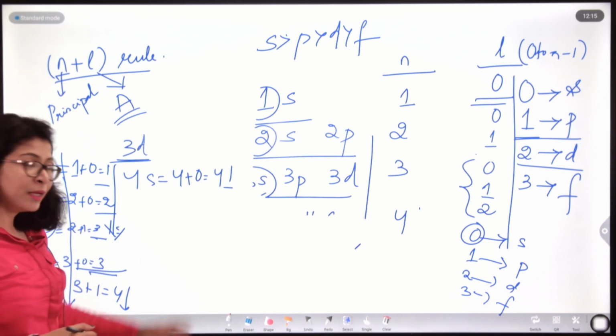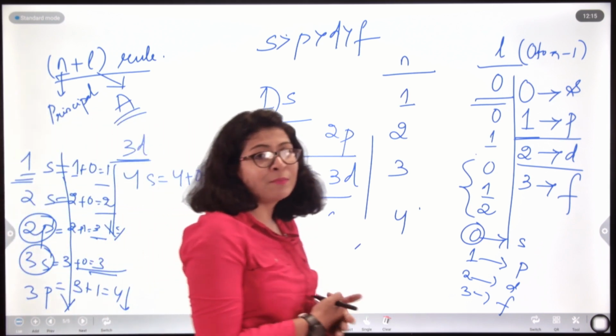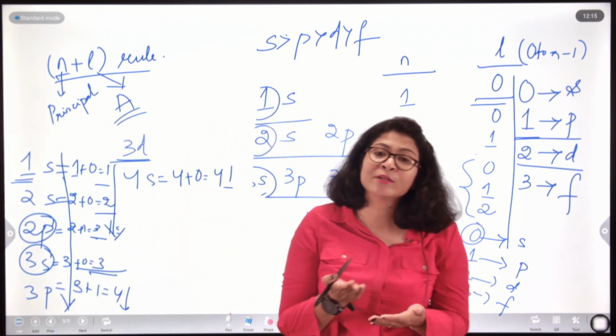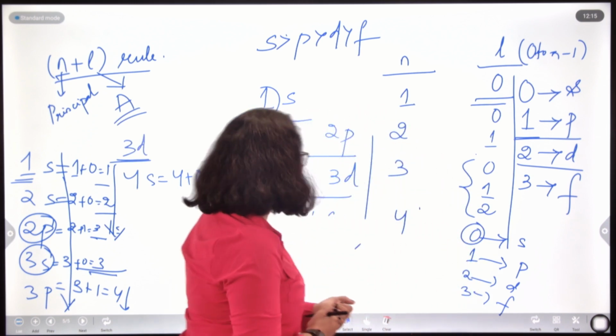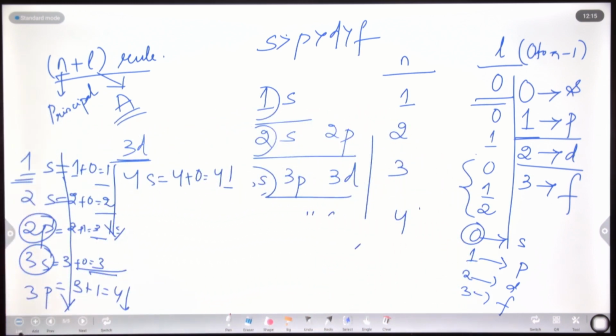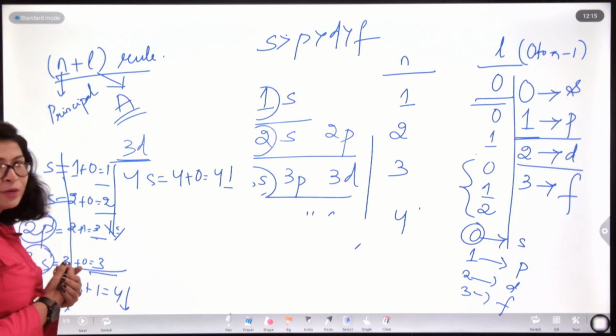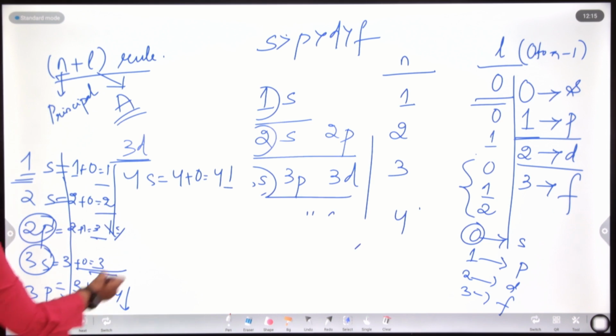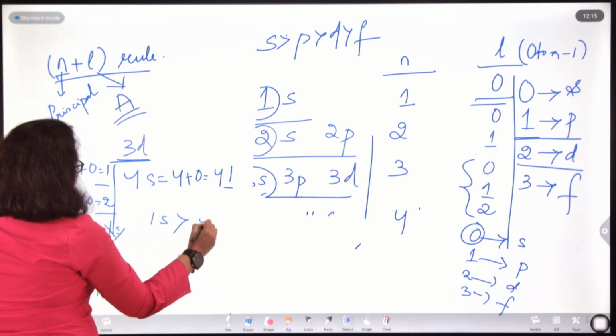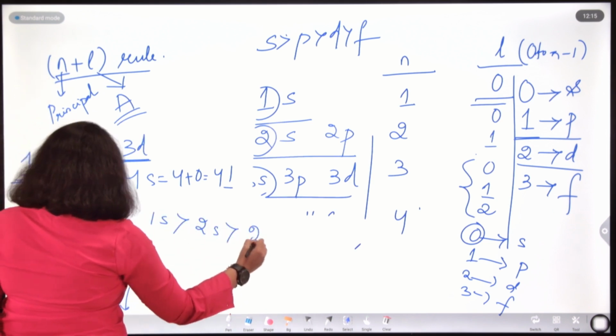So, what is this trend? Why is the n plus l rule so different, and why is electron filling done according to this rule? If you observe clearly, electrons will obviously be filled in the increasing order of energy. So first 1s should be filled, then 2s, then 2p.